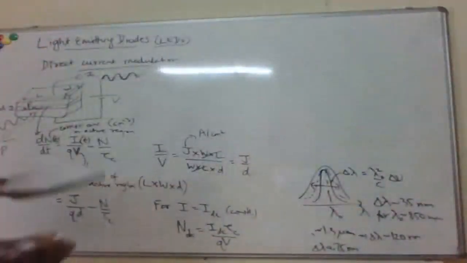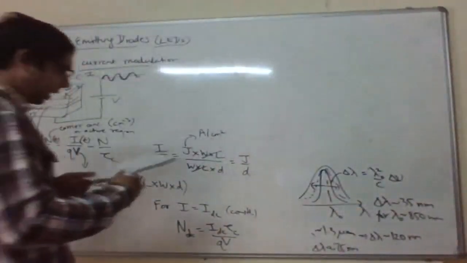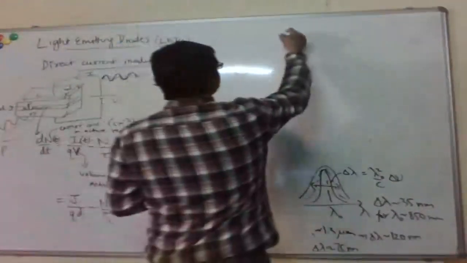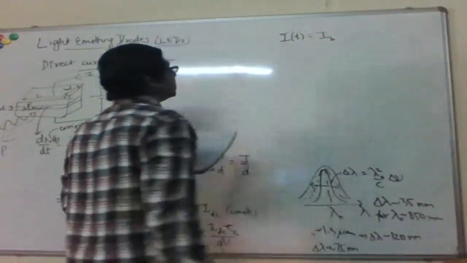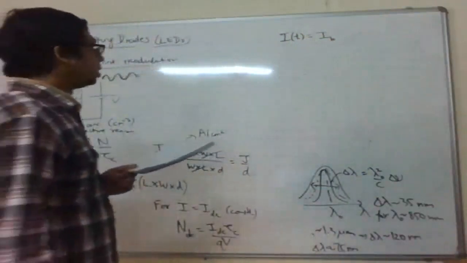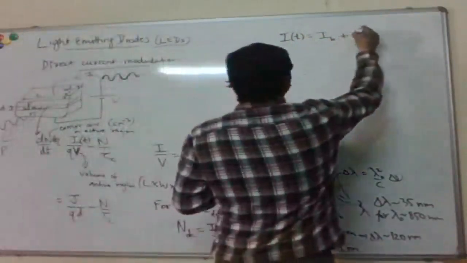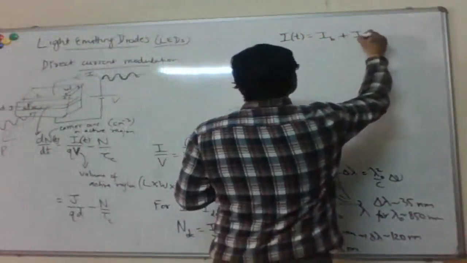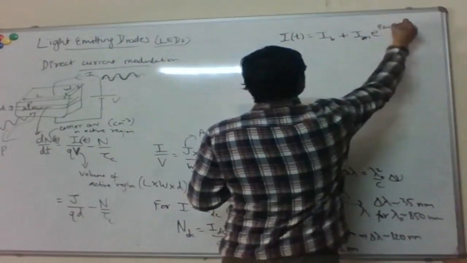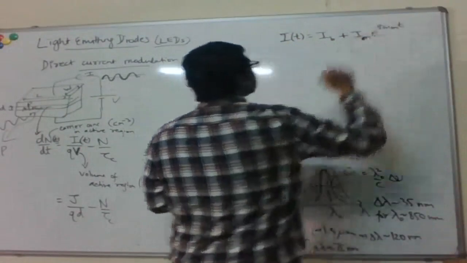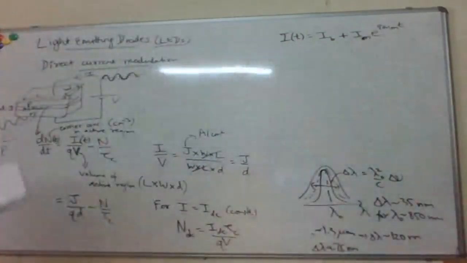So to obtain the frequency response of the system, let's say I send a current which has a DC component, known as the bias current, and then a sinusoidally varying current at frequency omega_m, which is my modulating frequency.